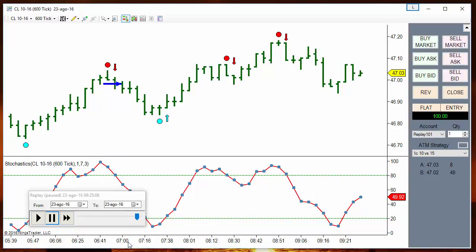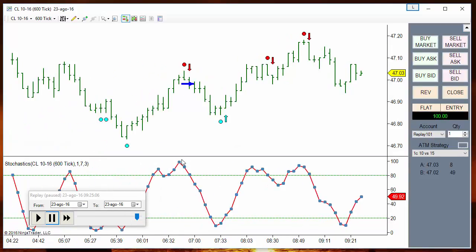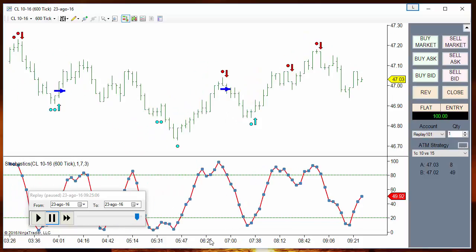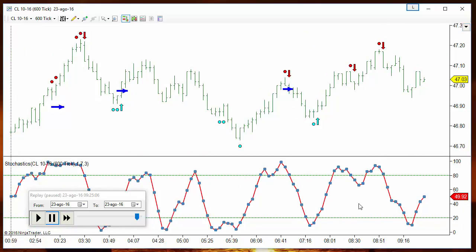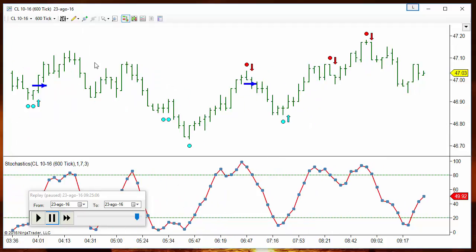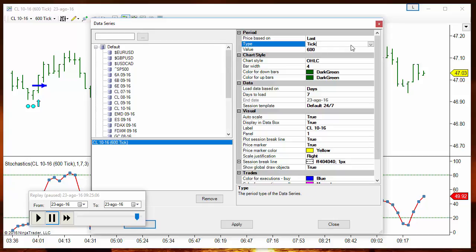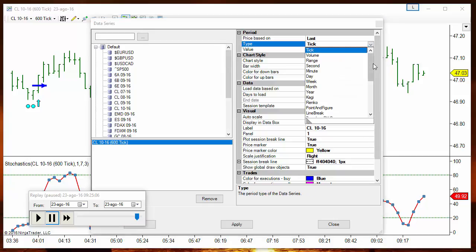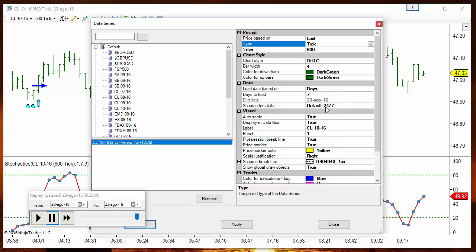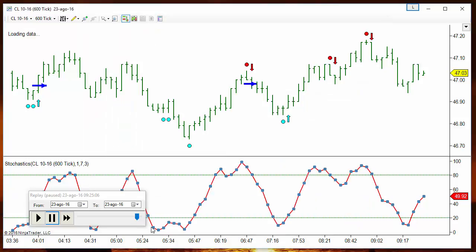This setup is very easy to implement using just the stochastic, and with the reversal indicator we can make it even better and find patterns on different time frames. For example, on Unirenko it is even easier to detect signals.